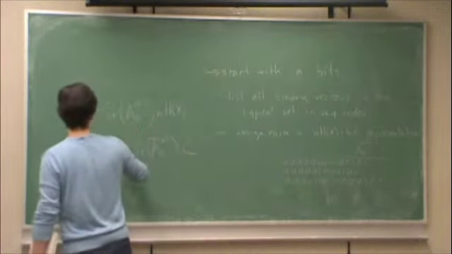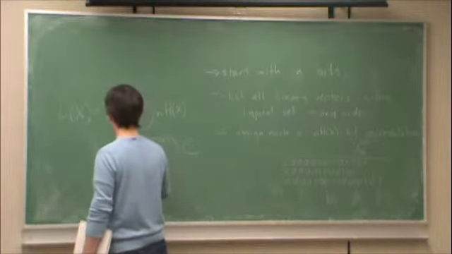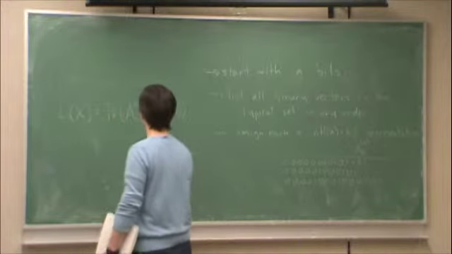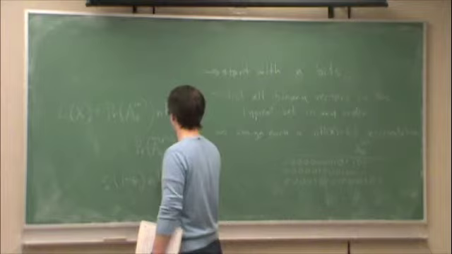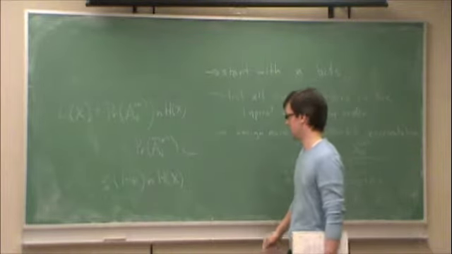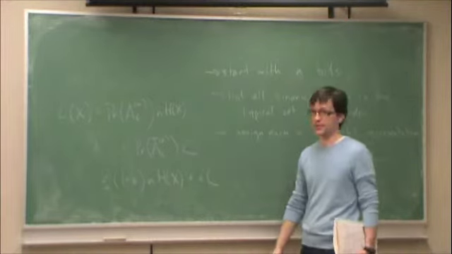What is this? Probability of being in the typical set. That's approximately equal to 1 minus epsilon. Which means that the probability of being outside of the typical set is epsilon times this cost.